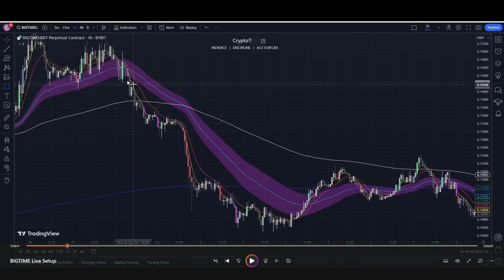Right now, this line over here is where the price is sitting at the moment. So we see here we have this fair value gap, as we explained in the intro of this video. We also have this area with wicks sitting around here.